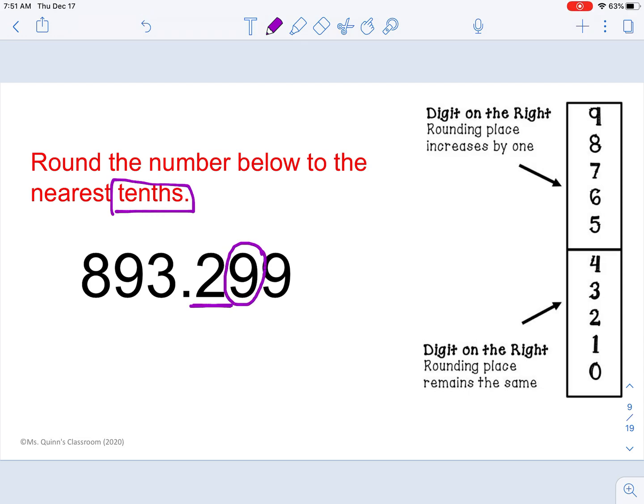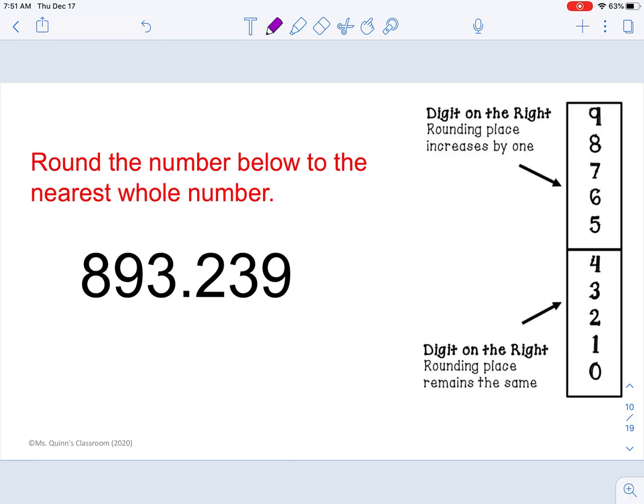It's a 9. Look on our boxes to the side. A 9 is on the top, which means rounding place increases by 1. So we're going to round that tenths place number up to a 3. The rest of the numbers will stay the same. And then we cut off the 2 at the end.